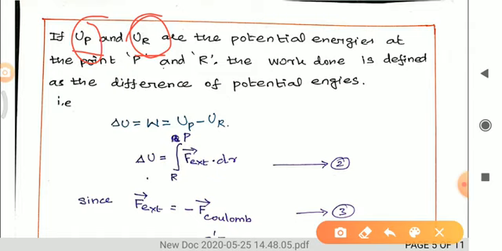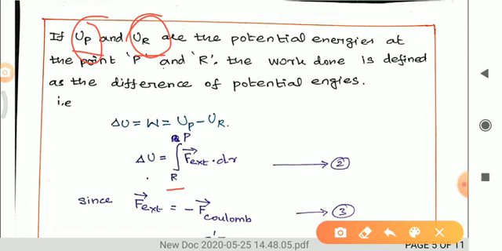If there is no change between the initial and final state, then we can say that work has not been done. Here we assume that there is some difference in the potential energies at the points P and R. That's why we are applying the limit from R to P.